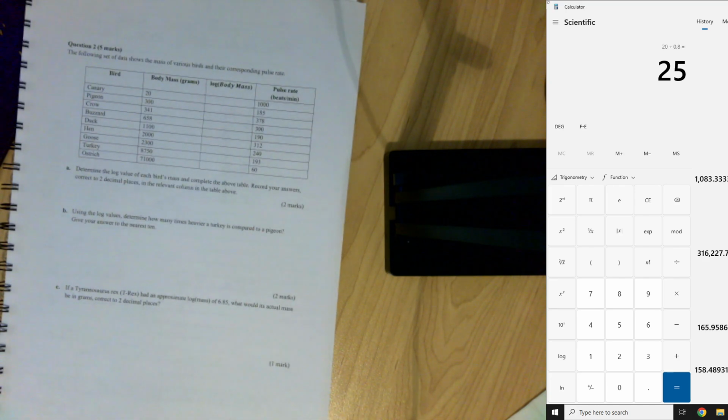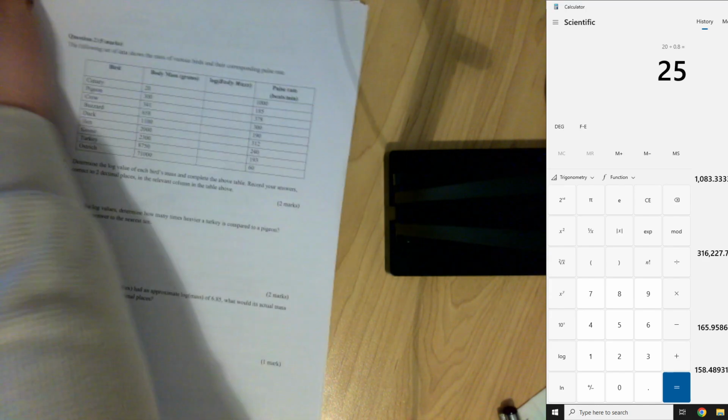Alright, what are we looking at now? We're looking at the body mass of birds, so we're just doing logs. I hope this one can do log.